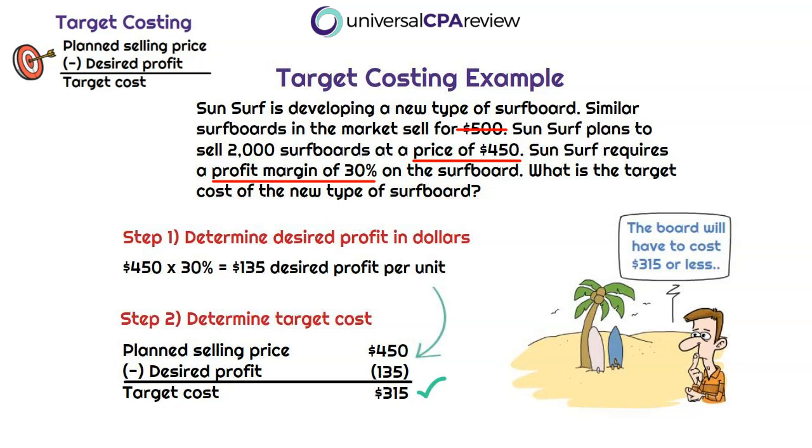They can't always necessarily dictate the selling price. That's dictated by the market. What they can control is the desired profit margin as well as potentially the target cost. And if they can't actually achieve that target cost, then they'll have to abandon this idea altogether or come up with a way to produce it cheaper, right?